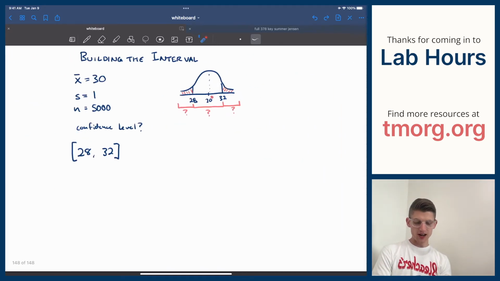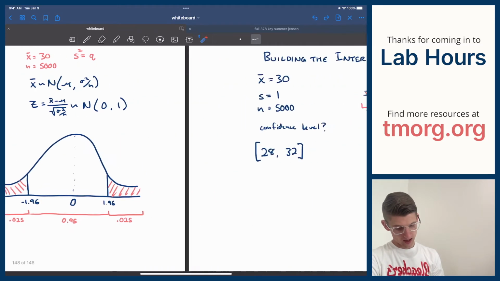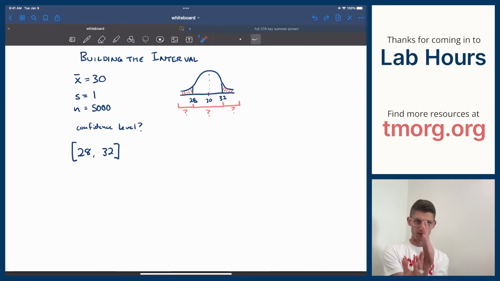But for x bar, instead of using 30, we're just going to use whatever number we were trying to deal with in the first place. And we're going to call mu 30 here, just because that is what we have estimated as our middle point.